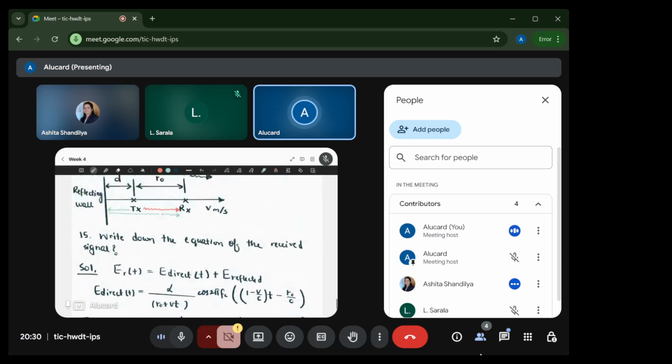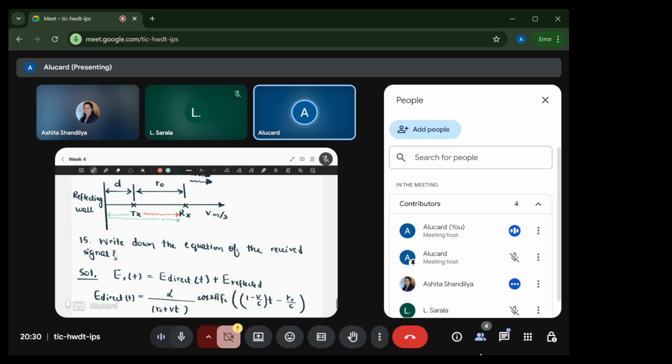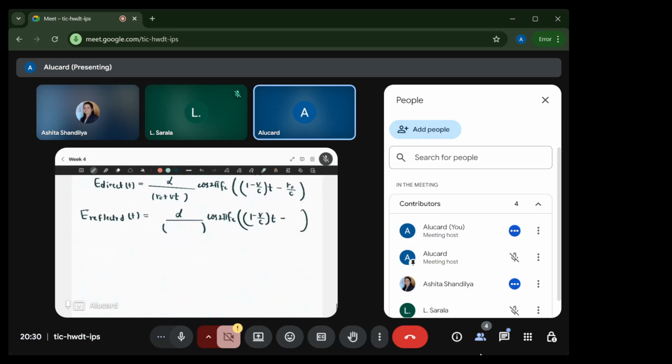One more thing you have to note is that when a radio wave hits a wall, its phase changes by 180 degrees. This is all from physics, so you may want to go back and look at your physics textbook. When it hits the wall and is reflected back, there's a 180-degree phase shift, and you know that cos of phi plus theta is minus cos theta.